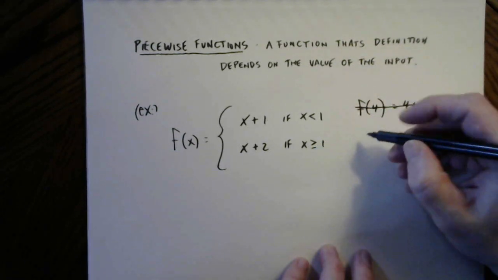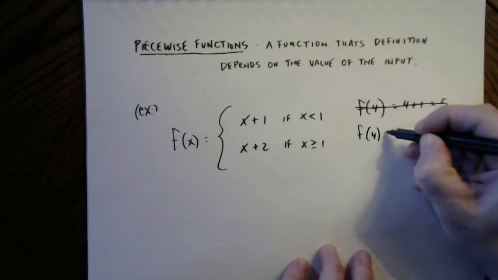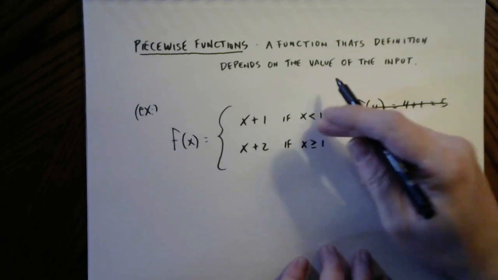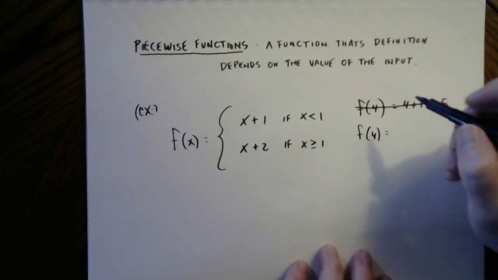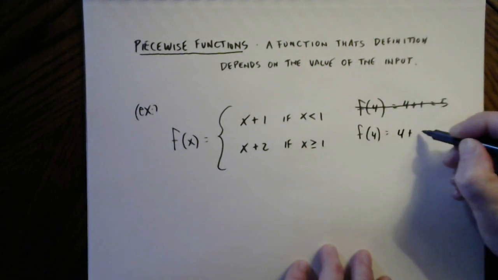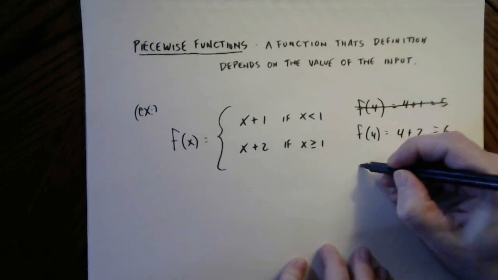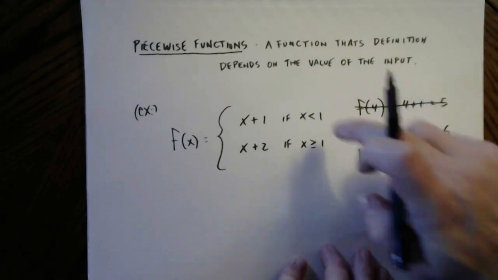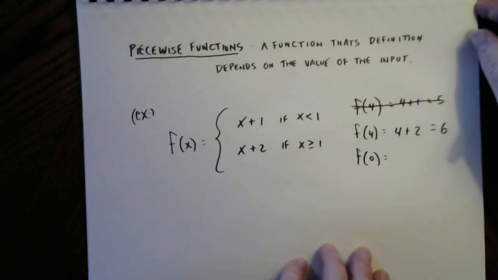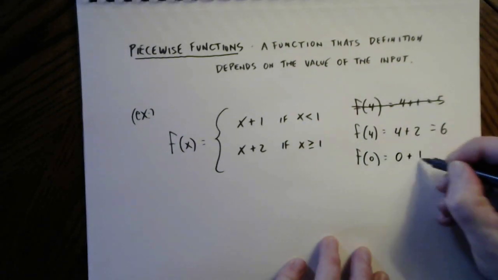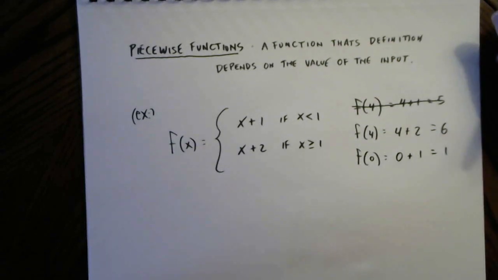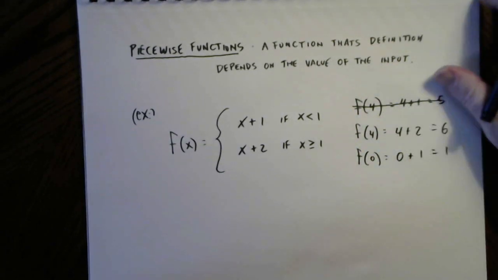This is greater than, my bad. 4 is greater than 1, so I'm using this one. I had it backwards. So it'll be 4 plus 2. What about 0? What if I have f of 0? Well, 0 is less than 1, so that's the top condition. So this would be 0 plus 1 equals 1.